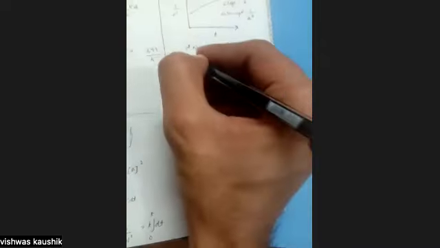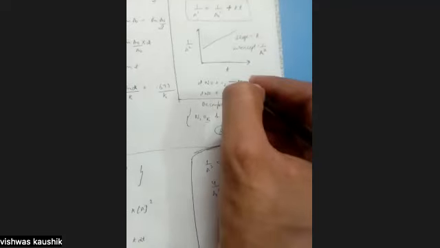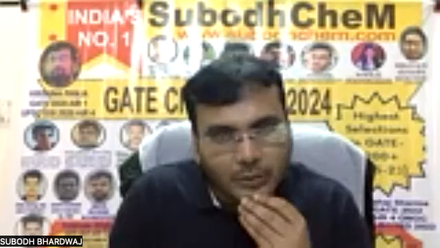What was the first example, sir? 2NO plus O2? Yes, 2NO2. Okay. 2NO plus Br2, 2NOBr. Okay.